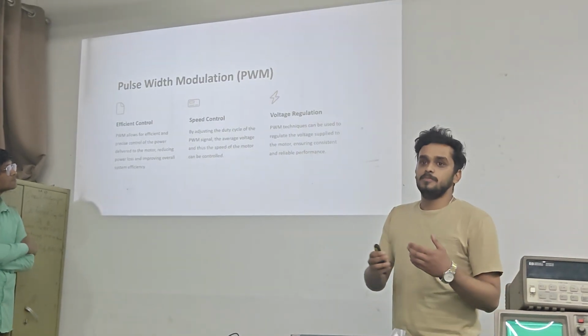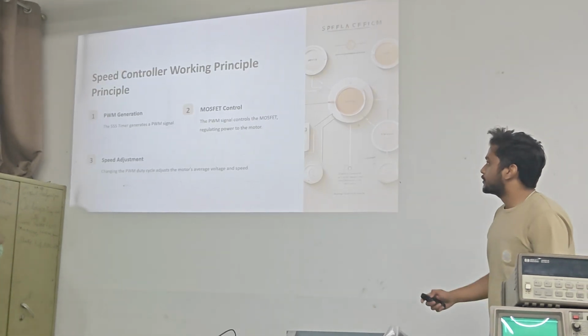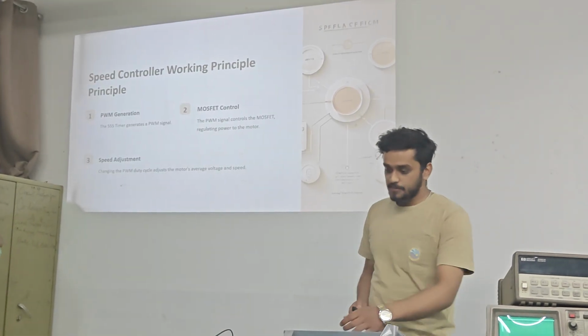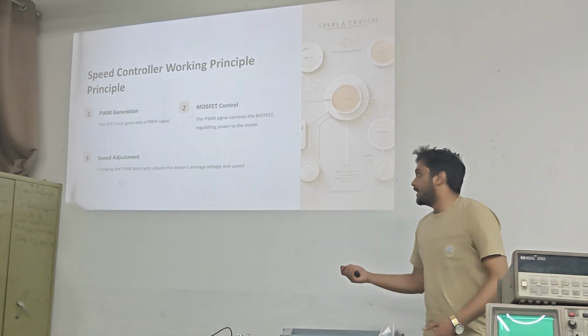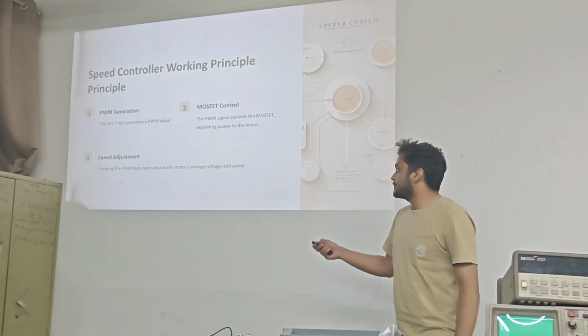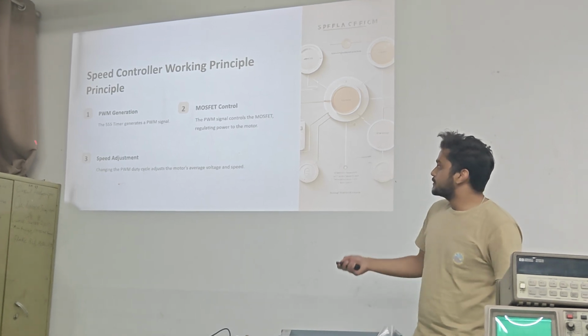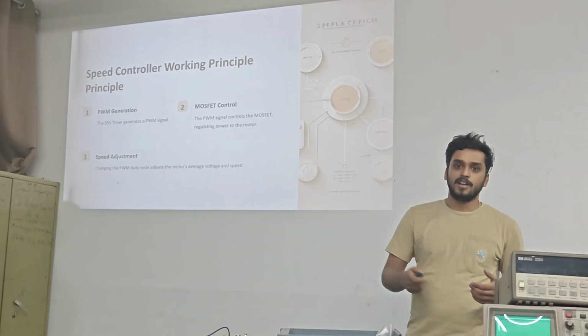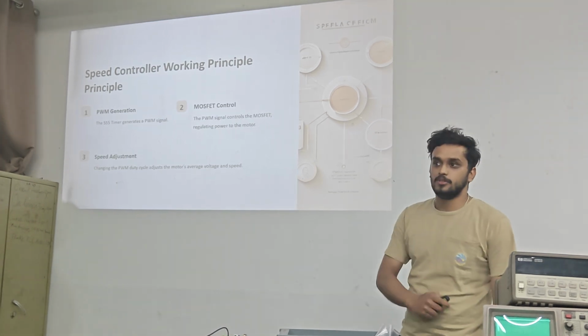The output voltage will be varied according to the width of the pulse. The working principle of our speed control circuit is based on the 555 timer, which generates the PWM signal, and that PWM signal will turn the MOSFET on and off rapidly, which will help us to adjust the speed of our motor.